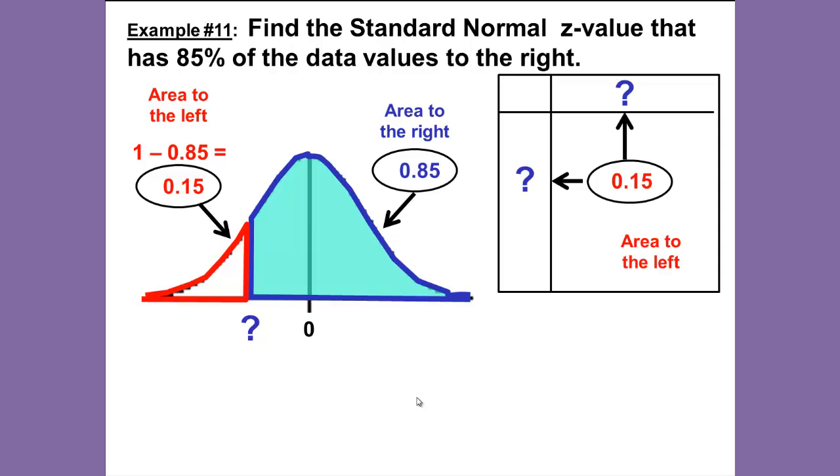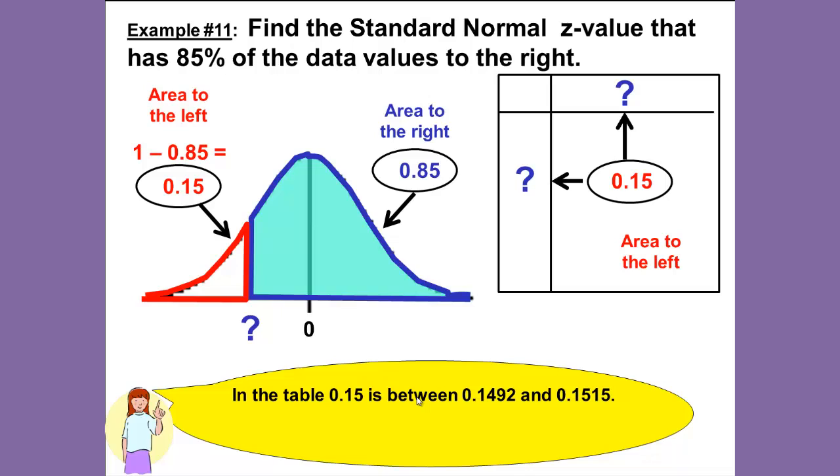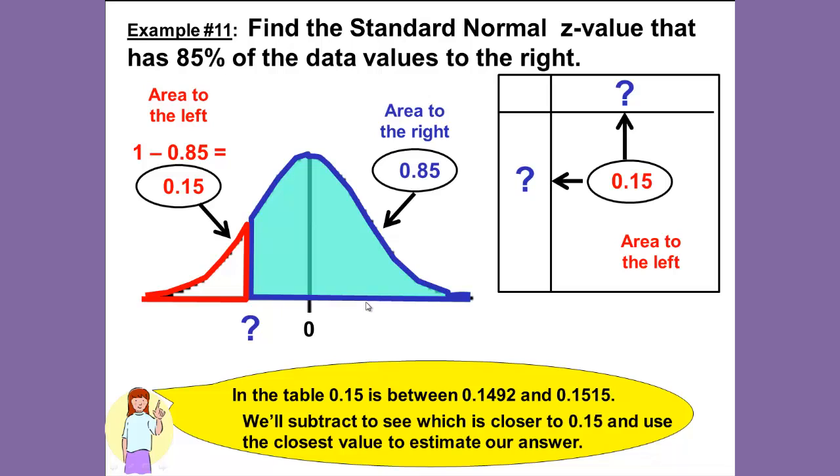So in the chart, we'll be looking up the area to the left. In the table, 0.15 is between 0.1492 and 0.1515. We'll subtract to see which is closer to the 0.15 and use the closest value to estimate our answer.